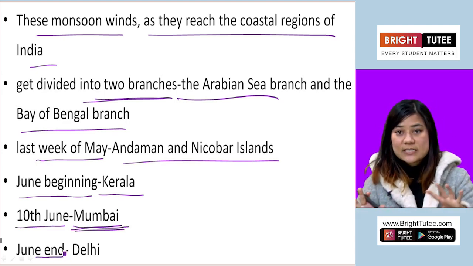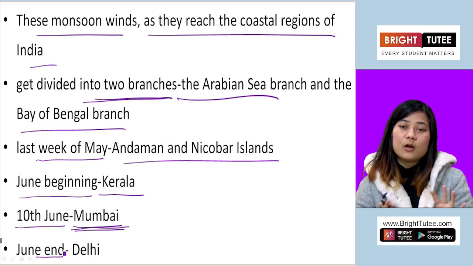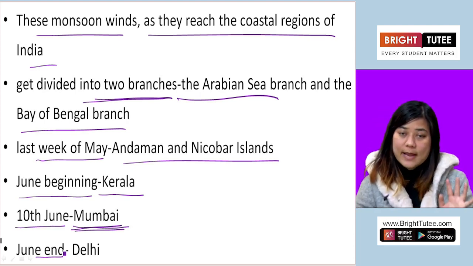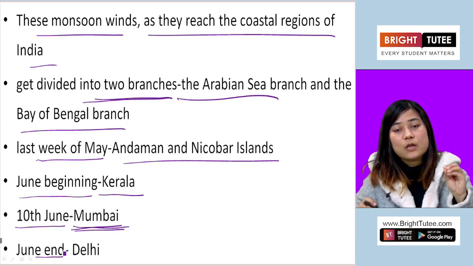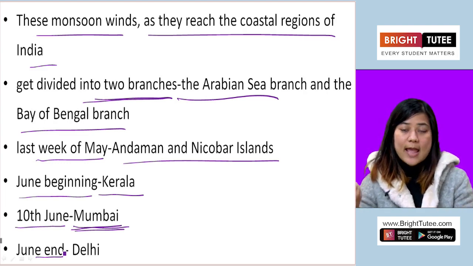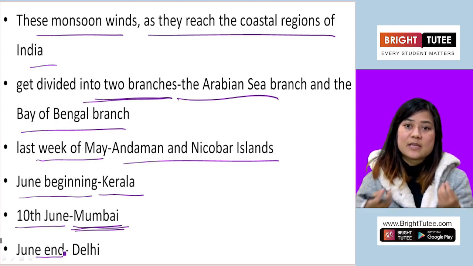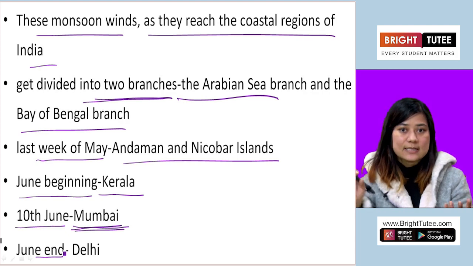So you can see, as the wind blows in two directions, one towards the Bay of Bengal and one towards the Arabian Sea, these places are hit by monsoon winds and accordingly receive rainfall. They do not receive rainfall all at the same time. The timing is different according to when the wind hits that place.